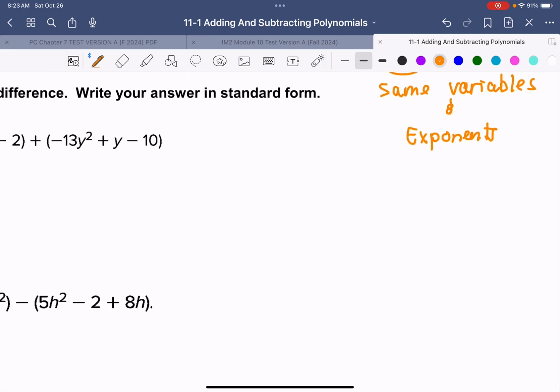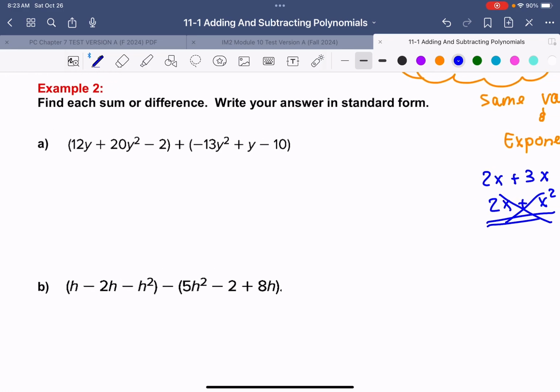Okay, so remember, we can take 2x plus 3x, that's going to be a 5x. But if I have a 2x plus an x squared, these are not like terms. You can't add them. Okay.